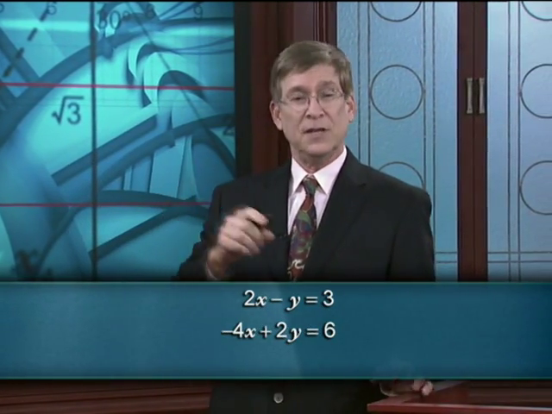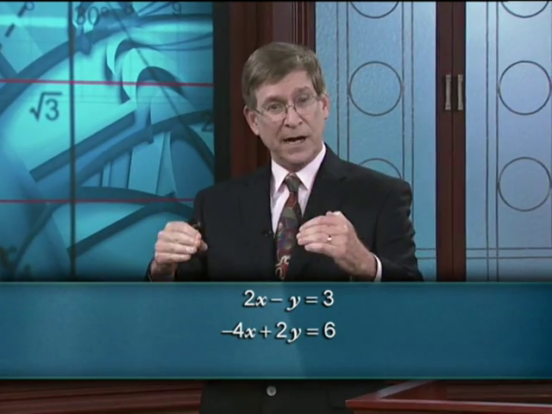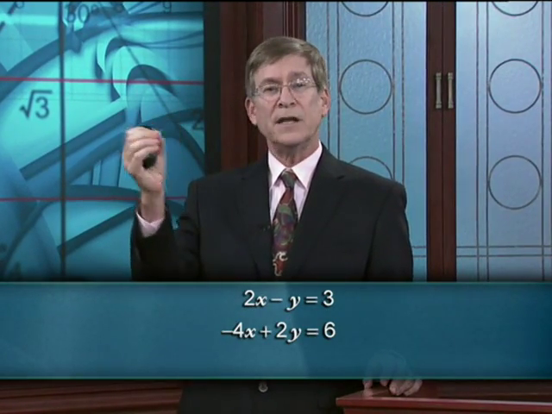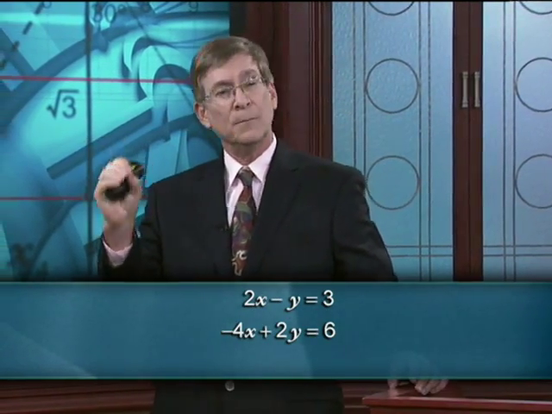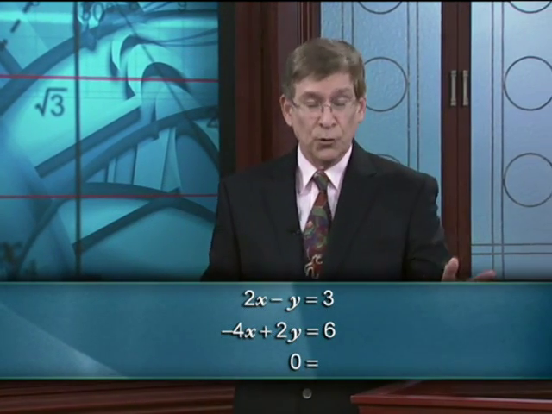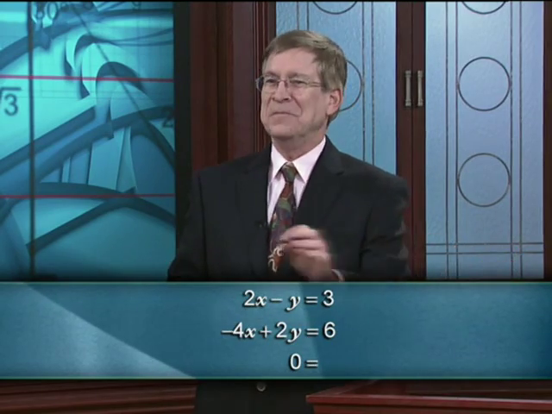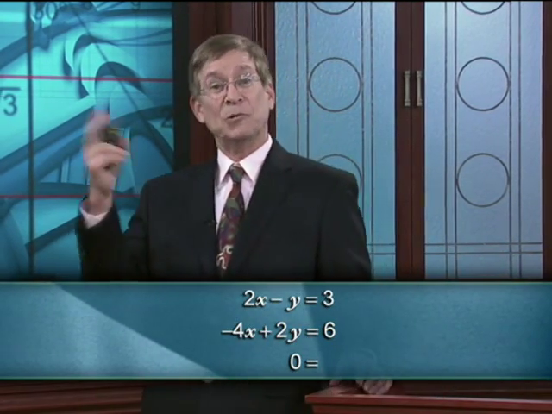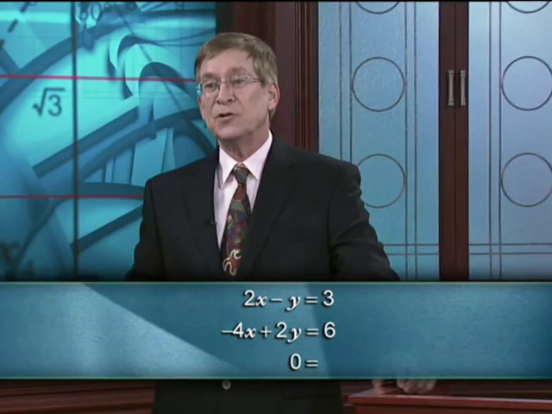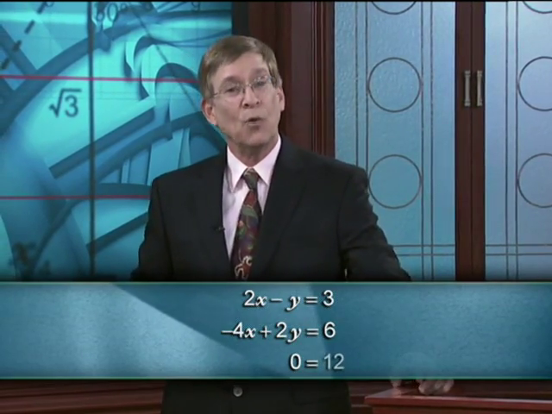So when I do that, the x's disappear, 4x minus 4x. 2 times minus y is minus 2y plus 2y, or 0. Uh-oh. Not only did the x's get eliminated, but so did the y's. How about the right-hand side? 2 times 3 is 6 plus 6, 12.